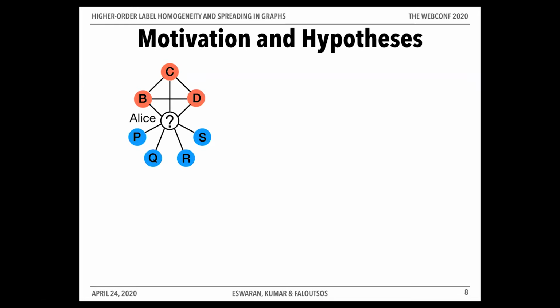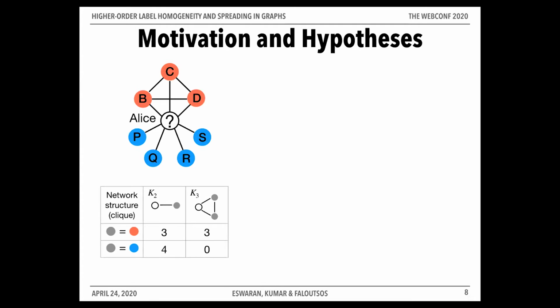So here, blue represents, say, an opinion that is shared by the vast majority of the people, and red is an opinion that's shared only by Alice's close friends, as reflected in the closely knit community structure. So now the observation here is that if you rely on just edges as previous methods do, then since Alice has four blue friends compared to three red friends, you might be tempted to label her as blue.